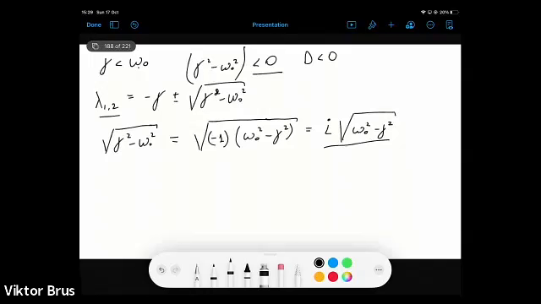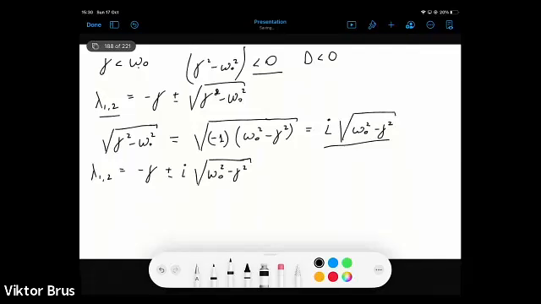So now our complex solutions for lambda 1 and 2 will be minus gamma. This term is real. And then it will be plus minus i, the imaginary component of our solutions, times square root omega naught square minus gamma square.